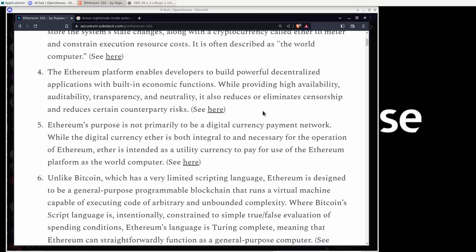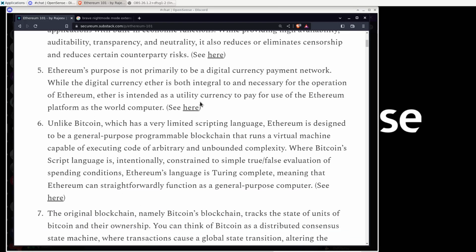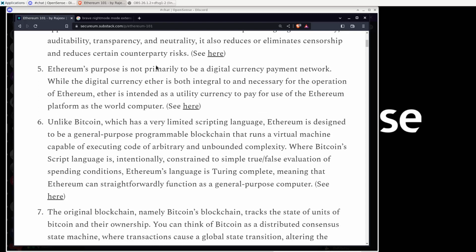Ethereum, the platform, enables developers to build powerful decentralized applications with built-in economic functions while providing high availability, auditability, transparency, neutrality, and it also reduces or eliminates censorship and reduces certain counterparty risks. Ethereum's purpose is not primarily to be a digitalized currency payment network.